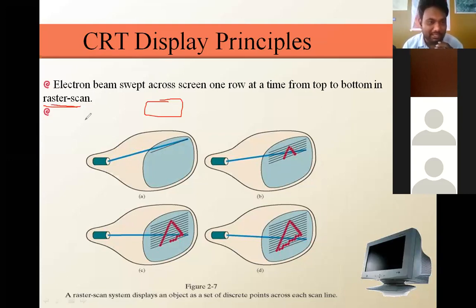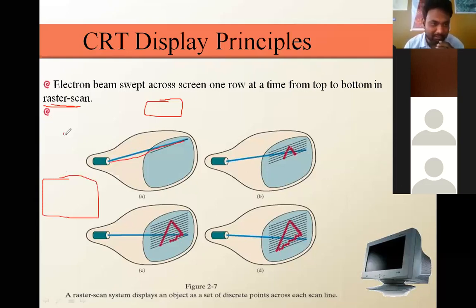How will it work? Suppose this is your monitor. The electron beam is generated here. First it will start from the top left and start drawing a line.